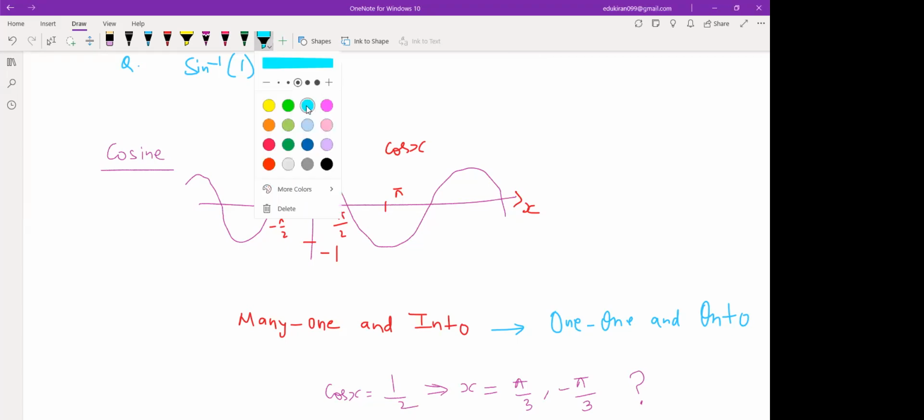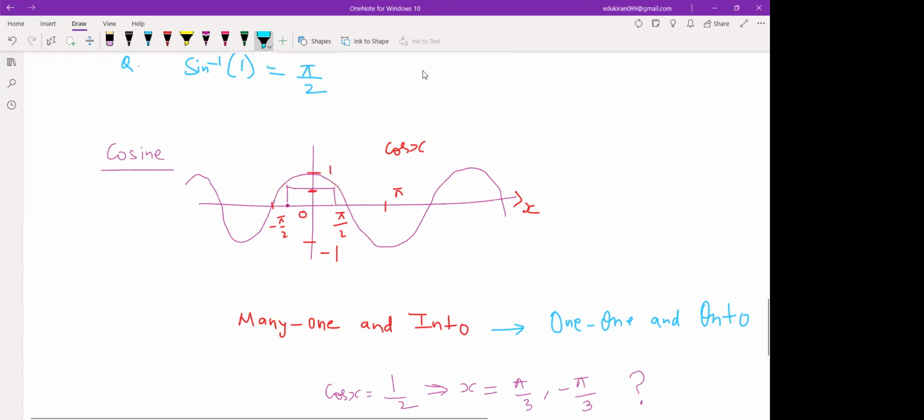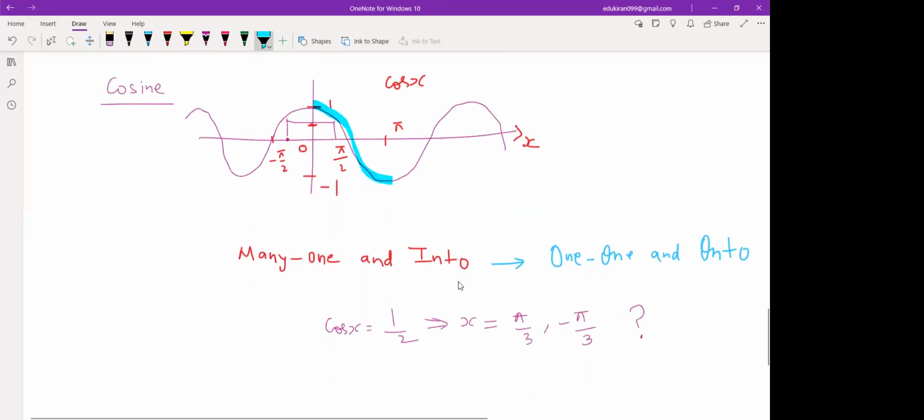So should I tell? Yes. So we will take this branch, 0 to pi. When we take this branch, we will see that all the values from -1 to 1 are covered, like this. All the values from -1 to 1 are covered from 0 to pi, and they are covered once.